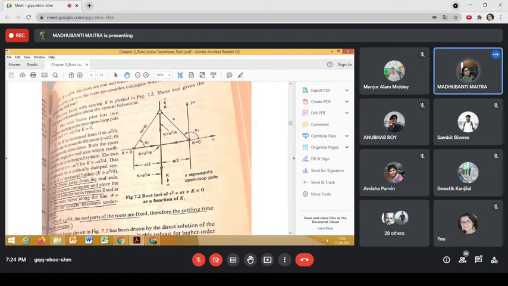Let us consider that the root of the characteristic equation is located at this point, and the second root is the conjugate of this. Then if I join this root with the origin of the S plane, this angle will give us the information about the damping ratio of the system. Yes or no? Yes, ma'am.